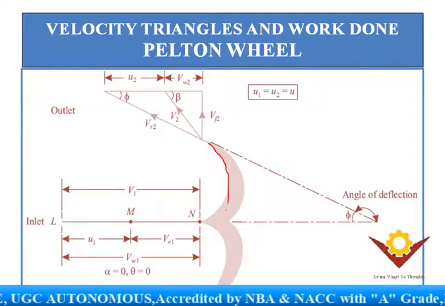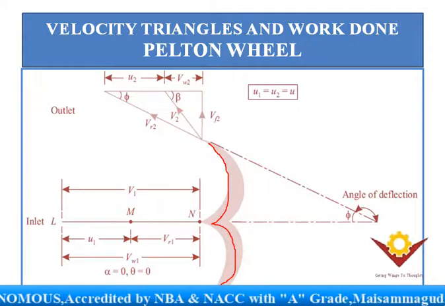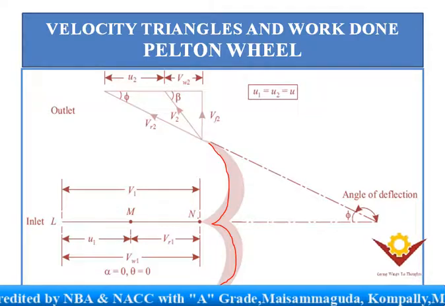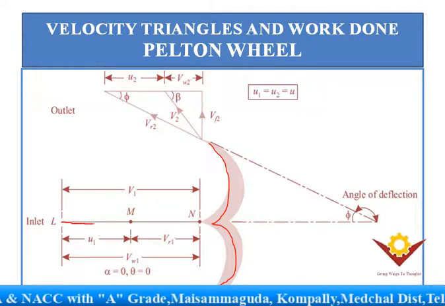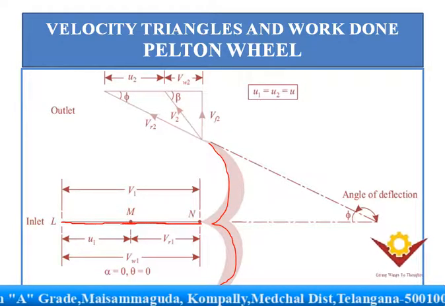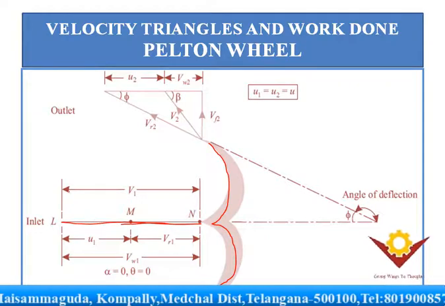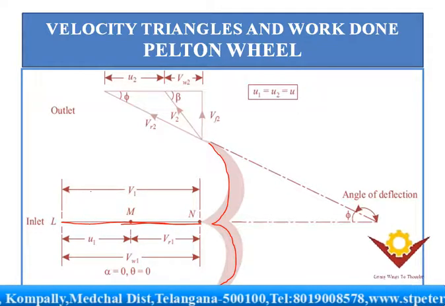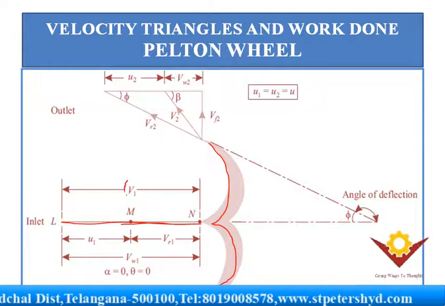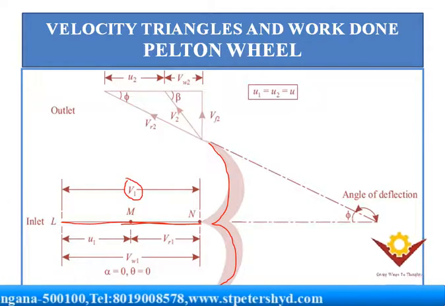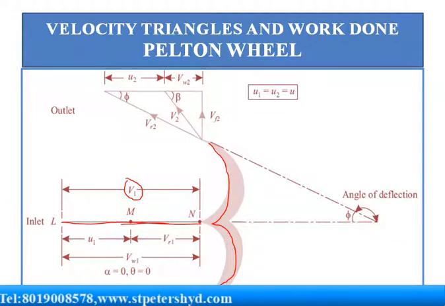And here you can see the shape of your Pelton wheel. Just now we've seen the shape of your bucket, and now this is your inlet. These are your inlet triangles. The first one, the jet strikes the bucket with the velocity V1. So V1 is the absolute velocity with which it is striking the bucket at the center.